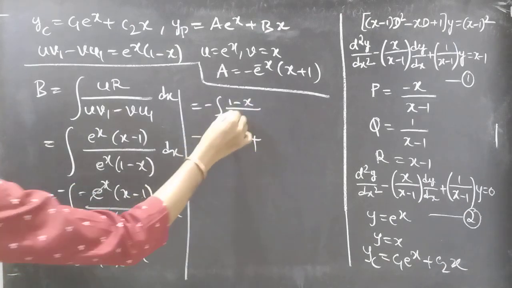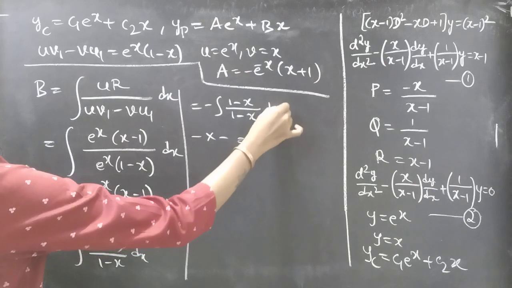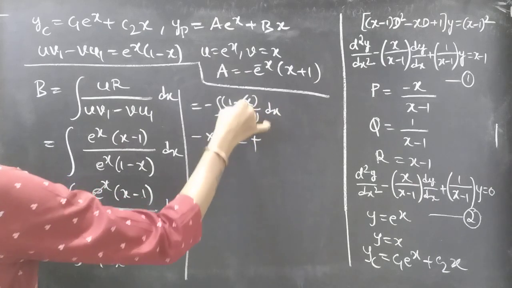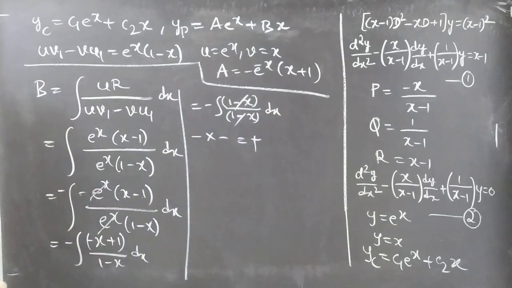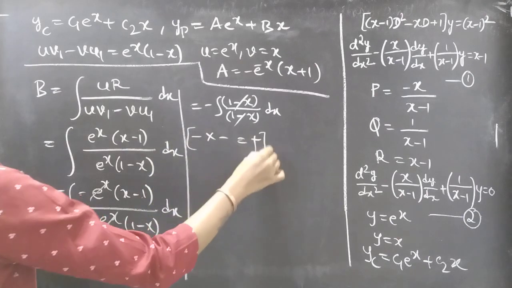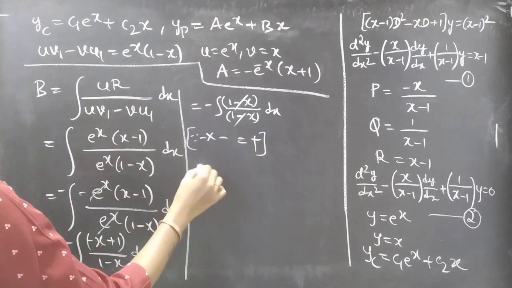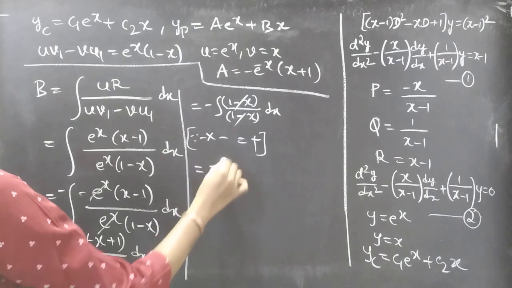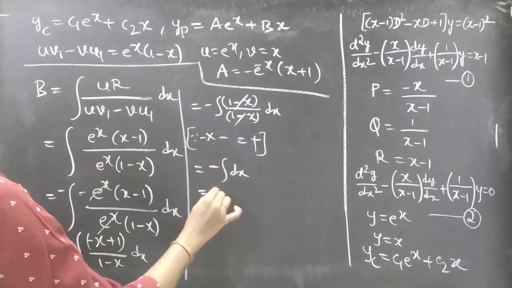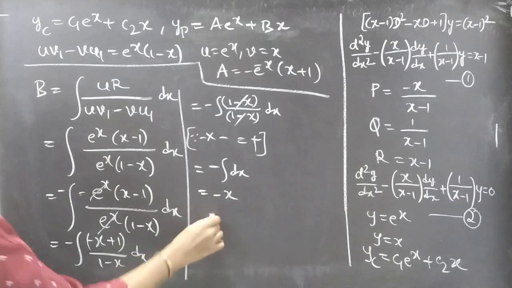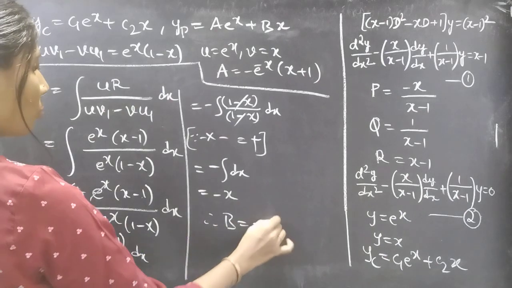In the denominator you are having 1 minus x into dx. This 1 minus x gets cancelled from the numerator and the denominator. This becomes minus integral dx, which equals minus x. Therefore, B equals minus x.